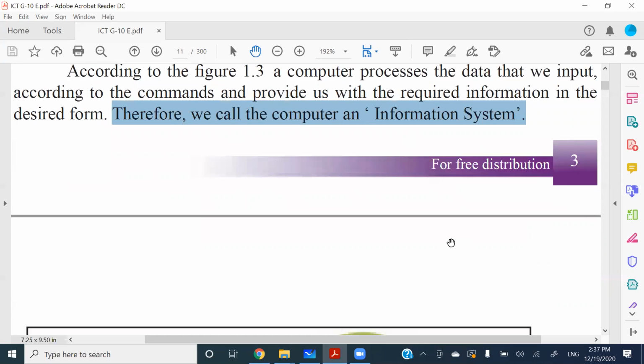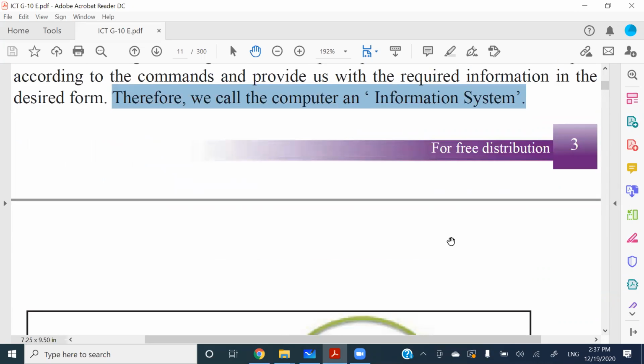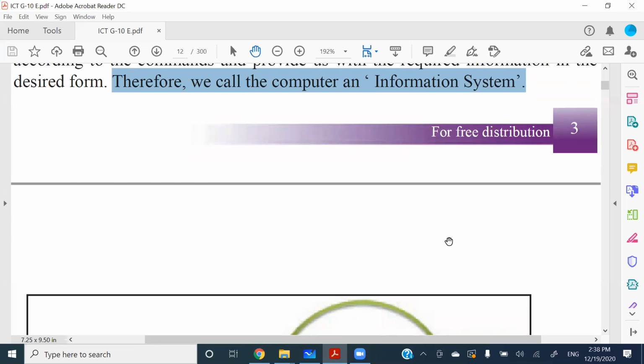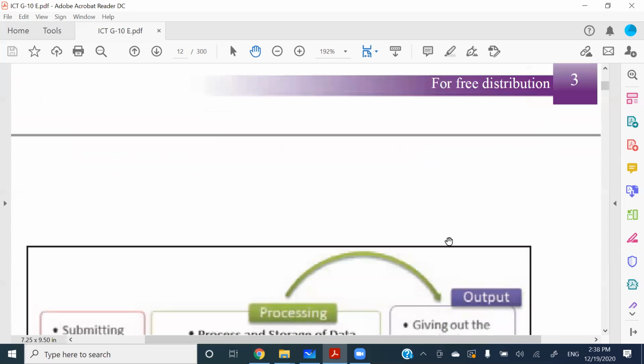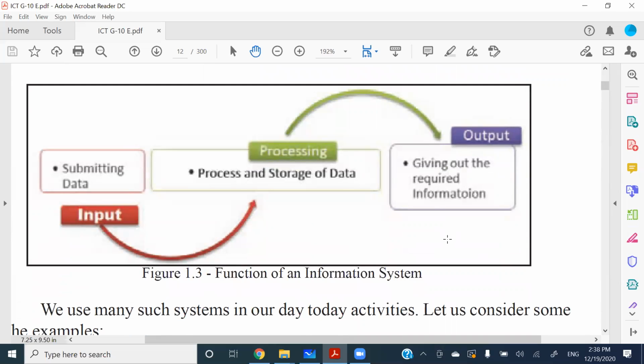Once you are done with that, it's better you go with this diagram. Here comes the diagram.